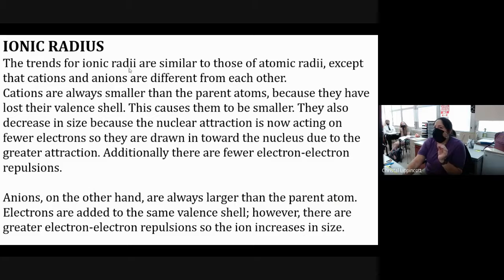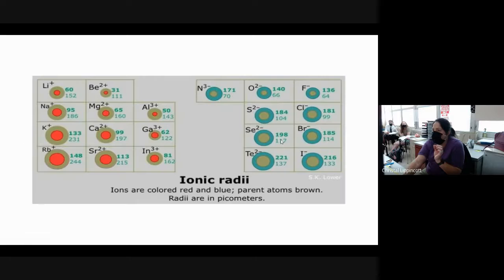So for ionic radii, it's going to vary based on whether you're talking about cations or anions. And here you need to look especially at that effective nuclear charge. So if lithium loses 1 electron, it has 3 protons pulling in, but it only has 2 electrons out here.